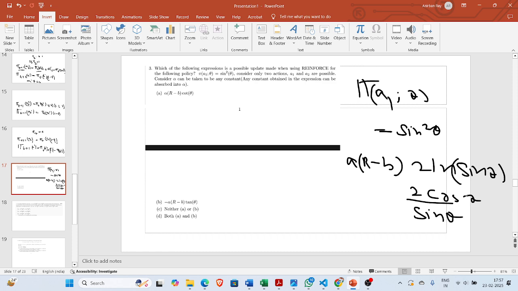The 2 will be there somehow, and we're getting a cot theta here. So this is there. Another one we are getting here.